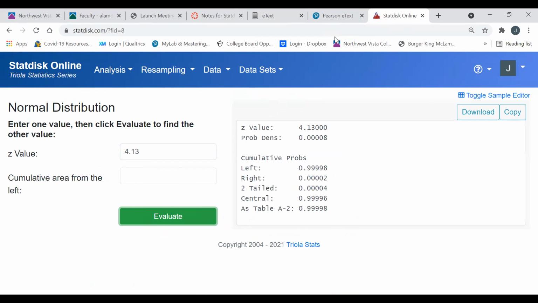Wow, are you serious? I don't think it's entirely 0. That's small. Technically, if you round it off, it is 0.